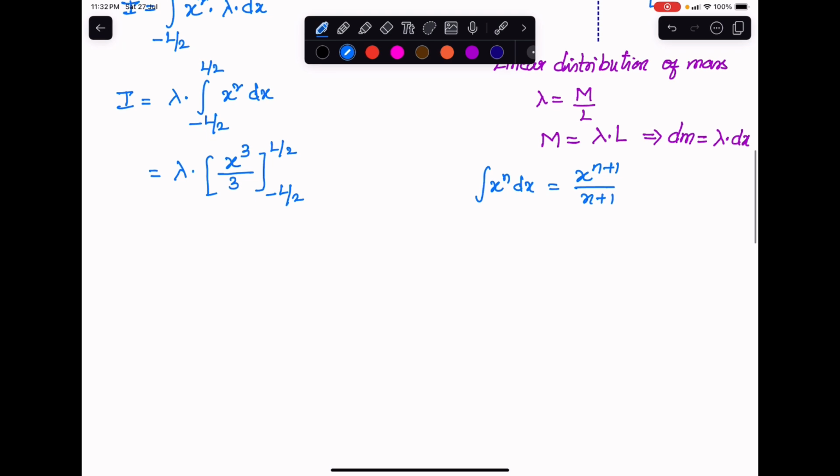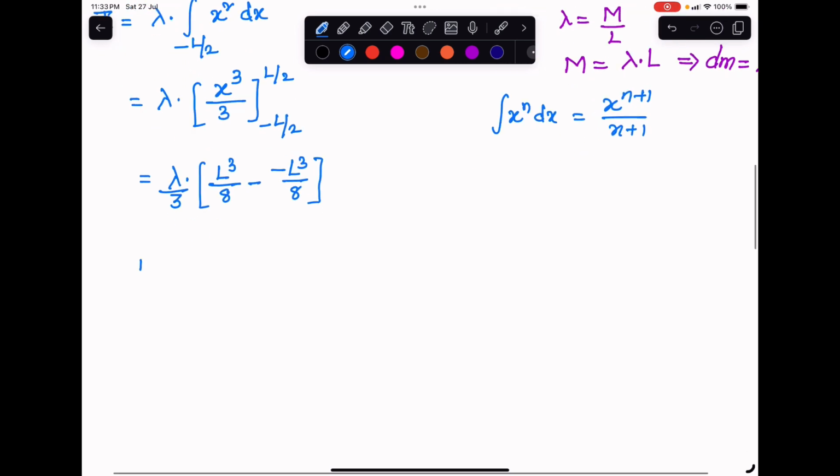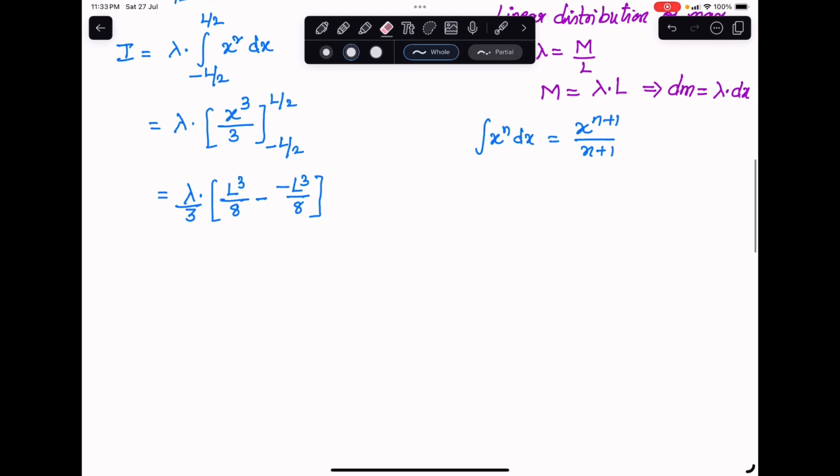Substituting the upper and lower limits, it will become lambda by 3, taking the 1 by 3 outside, times x cube. L by 2 whole cube will be L cube by 8, minus L by 2 whole cube will be minus L cube by 8. On simplifying, I get moment of inertia I is equal to lambda by 3 into L cube by 4.